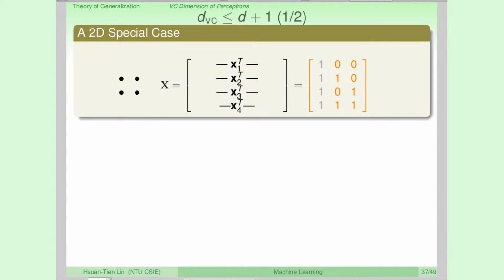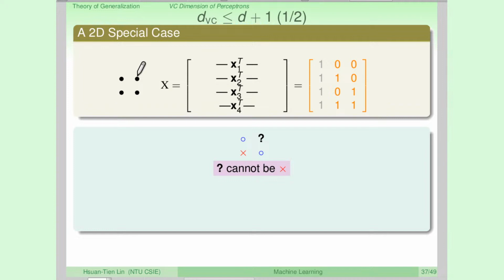This special case is as follows. I'm putting them as a square into D, and basically, as you can see, it is just extending our previous case by one vector. And for this one particular vector, it is this one.